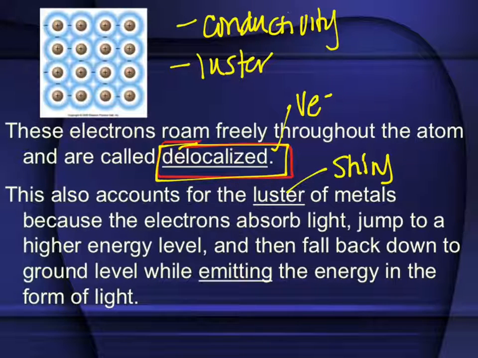When they lose that energy, it comes off in the form of the shine, the light we see. So conductivity and luster, all because of the sea of electrons.